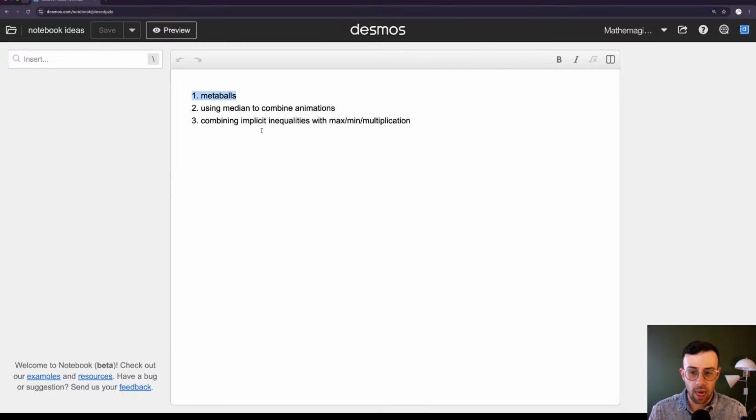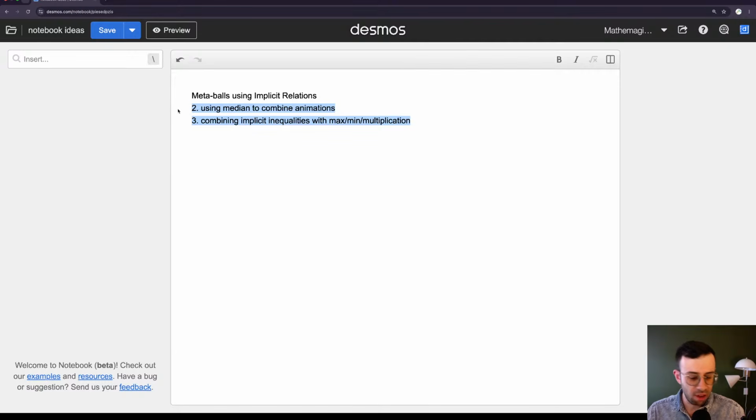I'm gonna work on a Desmos notebook about metaballs using implicit, I guess they're inequalities. I'll call them relations for now. If anyone in the chat is better at math than me, you might be able to help me.